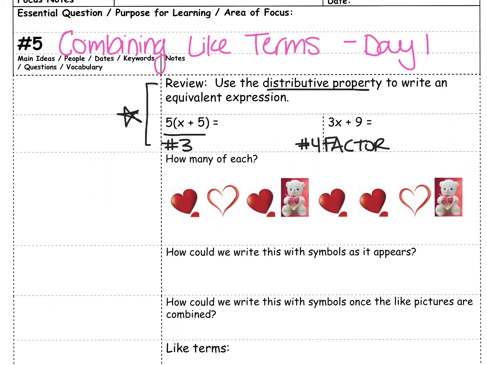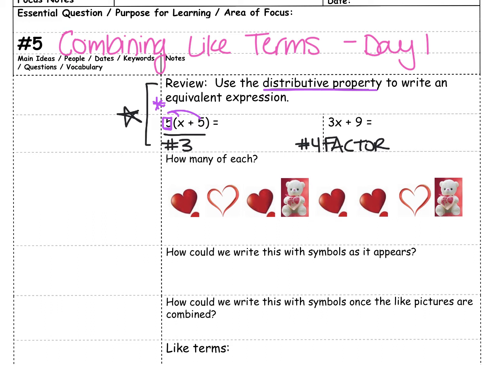Okay, so you should have done these first two on your own. Remember, distributive property, we have to take our value outside, and we need to multiply it with every term inside. Miss Morose always goes, pew, pew. We need to take this 5 and share it with everything in those parentheses.